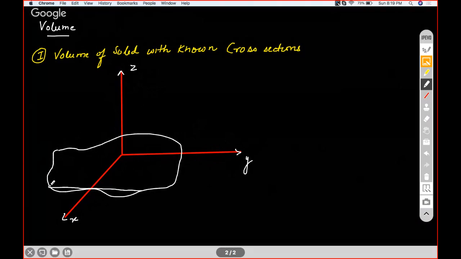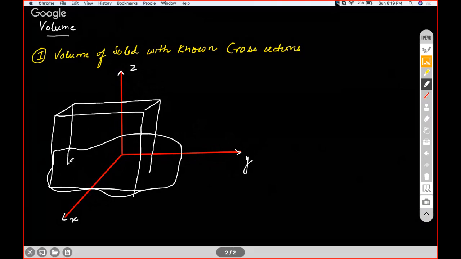For example, they may tell you that it's a square like this. I'm just taking a very small section so that you are able to understand. I'm just taking a part of this curve.